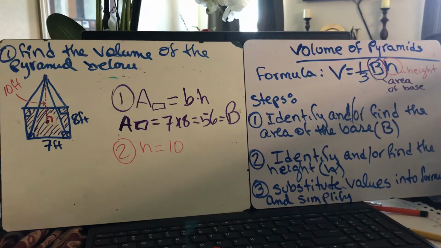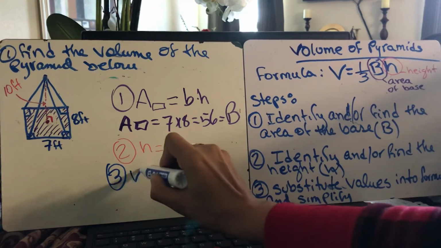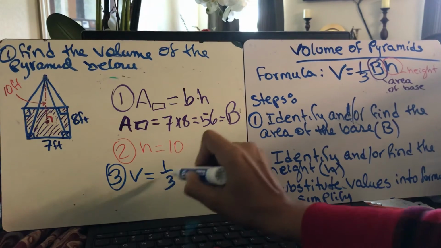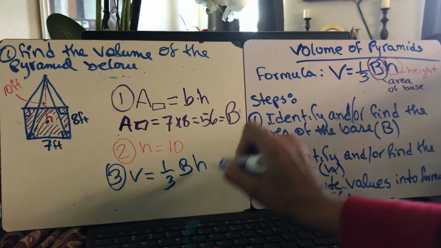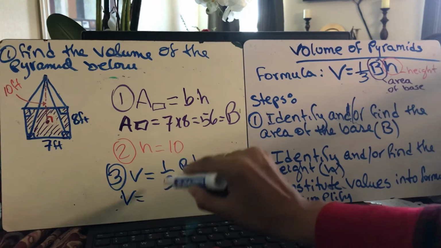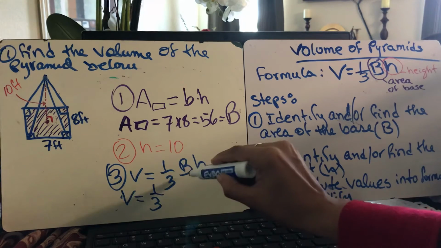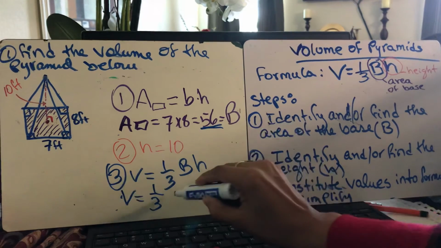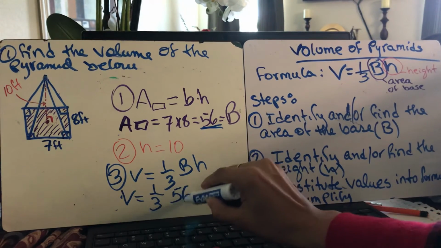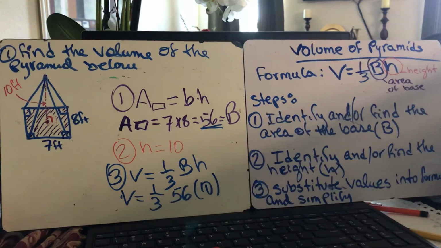And then for step 3, I'm just going to substitute the values into the formula. The volume is 1/3 B times H, and I'm just going to substitute and simplify it. I have 1/3 times the area of the base, which is 56, times my height, which is 10. And then I'm going to use my calculator to simplify.